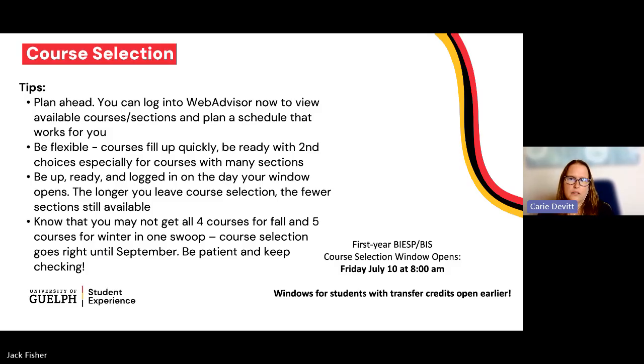At this point, courses and their timetables are visible on WebAdvisor. So you can start planning your courses for fall and winter semester for this coming year. We do fall and winter course selection together. So my advice is to plan now and then get ready to register for your courses once your course selection window opens.